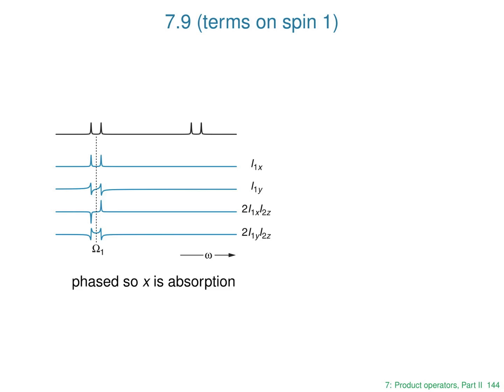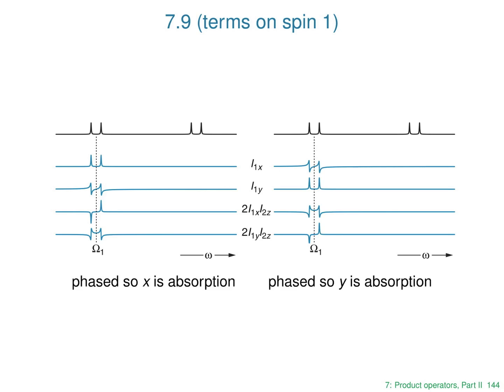I1y is in phase, but of course here it comes out as being dispersion because it's along the y-axis, and likewise for 2I1y I2z. If I just redo all of that and phase y to be absorption, now you can see that I1y is in phase, and is in the absorption mode, as is 2I1y I2z. But it's absolutely up to you which way round you decide to have absorption or dispersion.